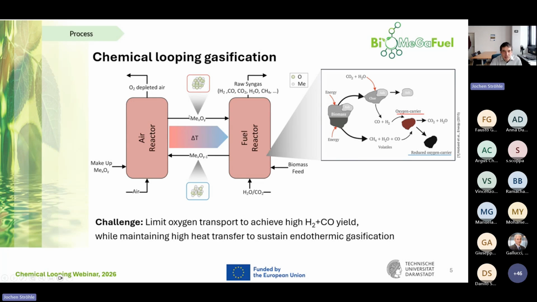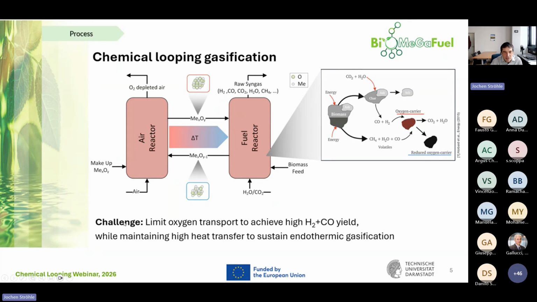But we also need a high heat transfer from the air reactor to the fuel reactor because we have this endothermic gasification reaction. So we have to maintain the high heat transfer to sustain the endothermic reaction. And this is, of course, a conflict, because if we maximize the transfer of heat and oxygen carrier, then we also have a high conversion of syngas.